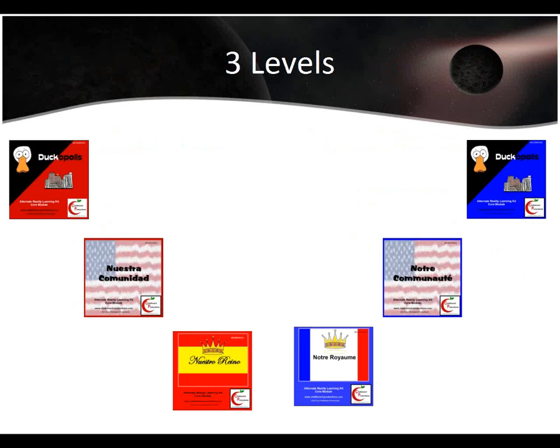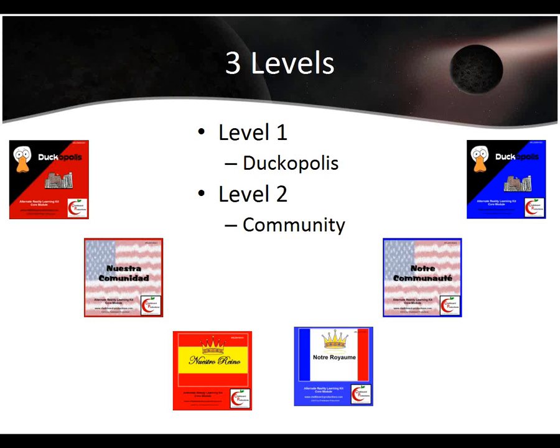There are presently 3 levels of the core modules out. The level 1 is Duckopolis. That doesn't mean that you can't use Duckopolis in the other levels. It just means that the majority of Duckopolis is geared towards level 1 activities, and the extra modules that go with it will be more geared towards first year things. The level 2 is Community.